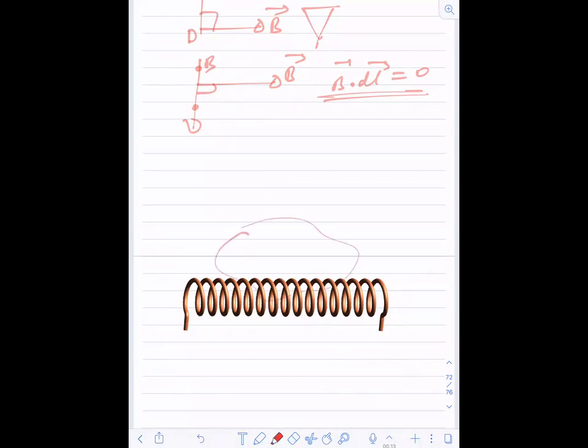If I take a loop like this, now you will have a magnetic field only for this part. Just see how much complicated you are making the problem. For the remaining part, you will not have it.